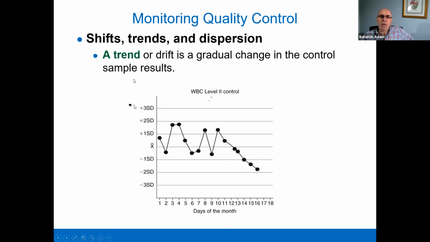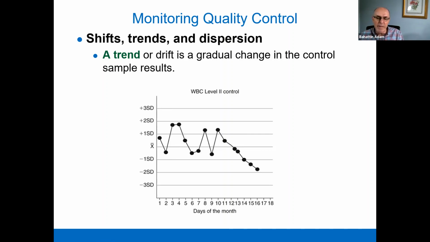In this case, a trend or drift is a gradual change in the control sample results. Each day of the routine clinical lab, you are going to use the control samples. You measure these control samples in order to check your reagents, your tests, your instruments, and your lab technique, your methods.